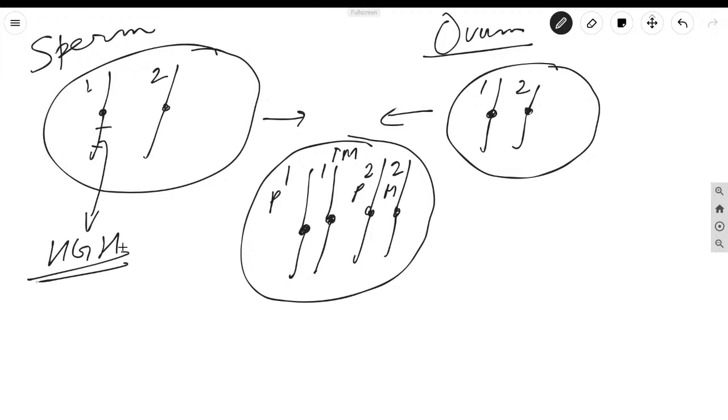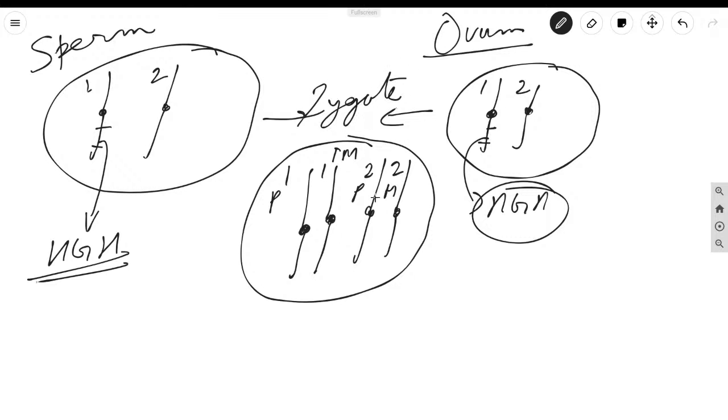It is responsible for bone and muscle growth. In the same way, chromosome number 1 here will also contain HGH because the chronological order is the same. Now this one is the zygote, which will become the fetus and eventually the baby. So chromosome number 1 has got HGH here, and here also it has got HGH.